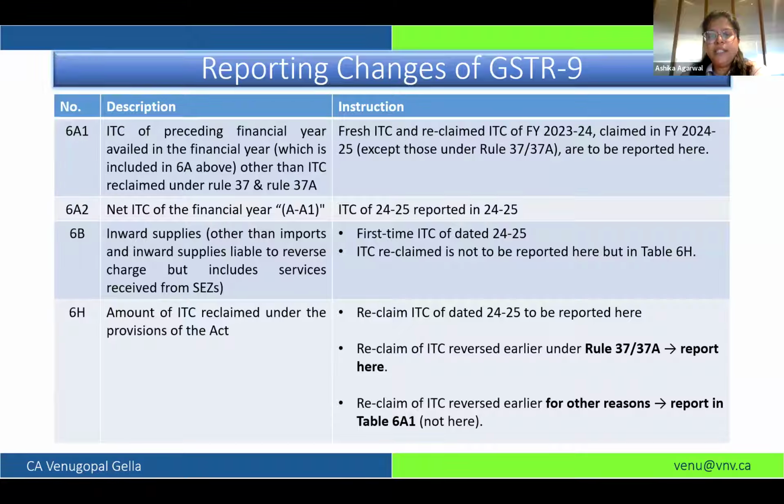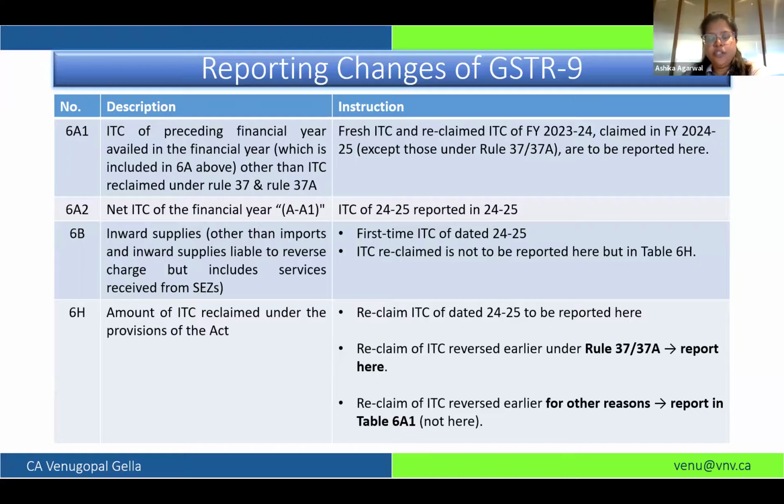But there can be an ITC for which you are eligible, but any of the conditions of section 16 is not satisfied. Then they are saying you park it in 4B2 and claim it when you satisfy the condition. Just for example, if you have received the invoice, but the goods have not reached your premises. So you were claiming the ITC in 4A5 based on 2B auto-populated, but you were not utilizing that ITC. So you were parking that ITC in 4B2 because the goods have not been received.